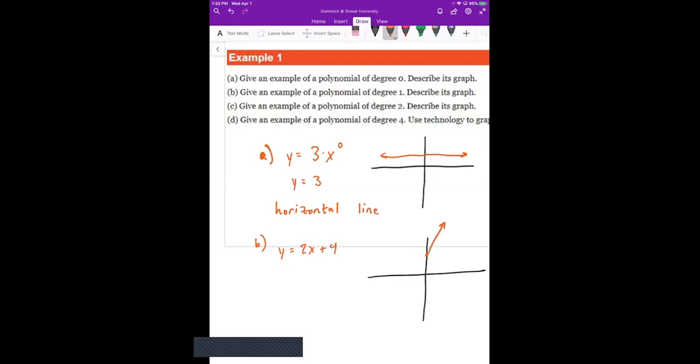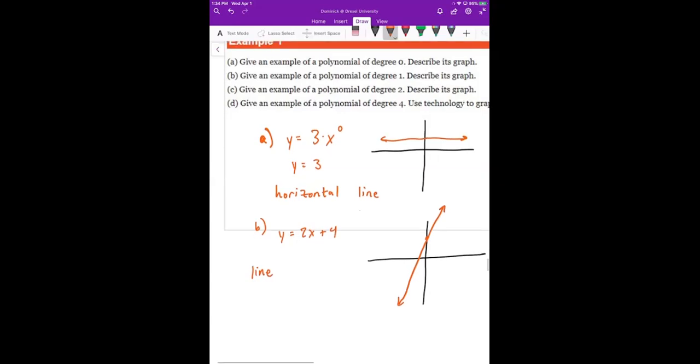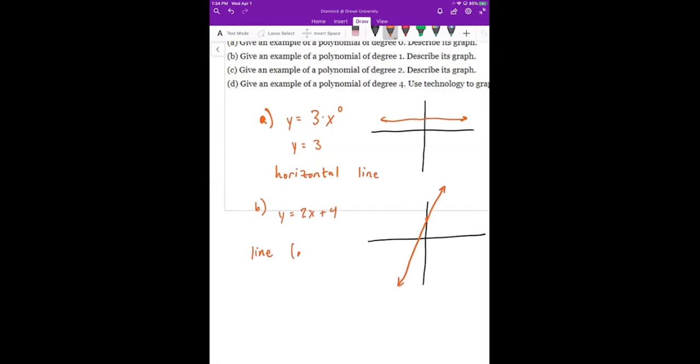There are slopes too, so this is still a line, but it's no longer restricted to just be a horizontal line. It could be a line with a different slope, right? So I guess we should say that it's a non-horizontal line, because if you have a horizontal line, then you're degree 0.